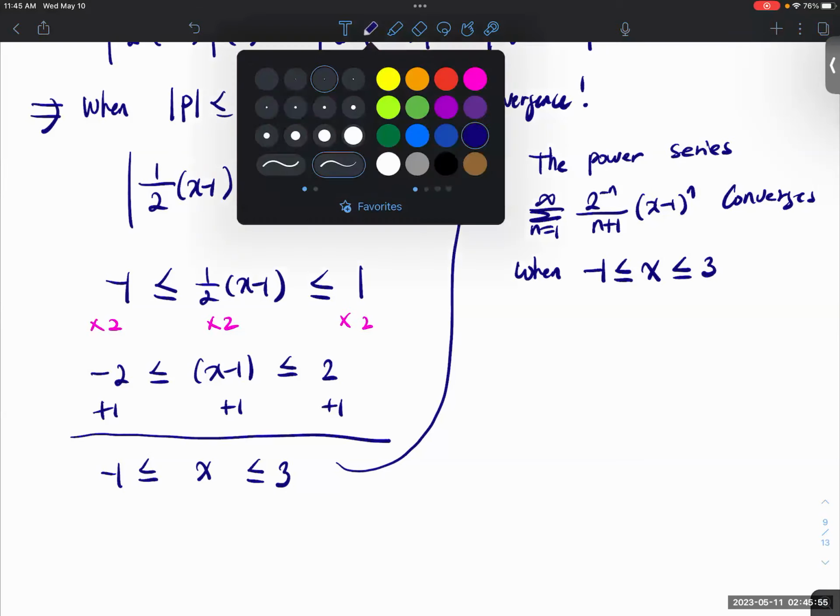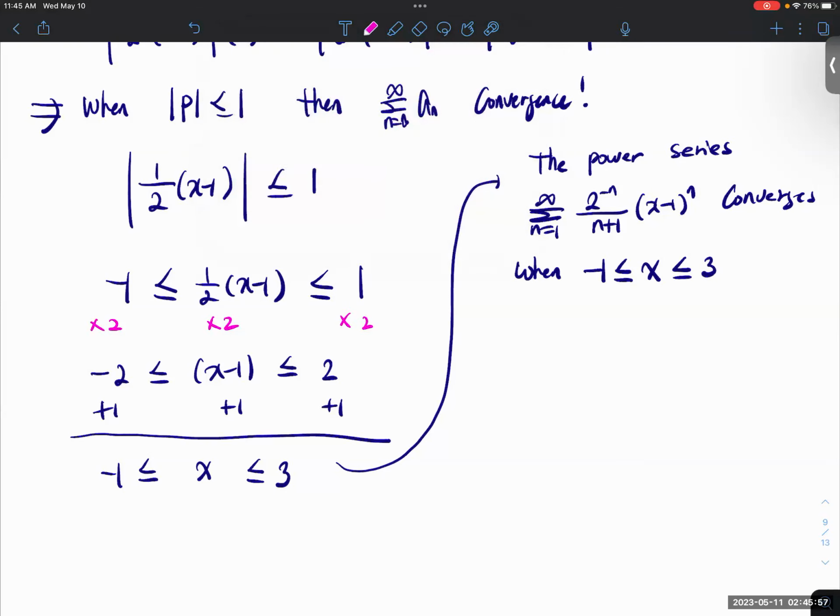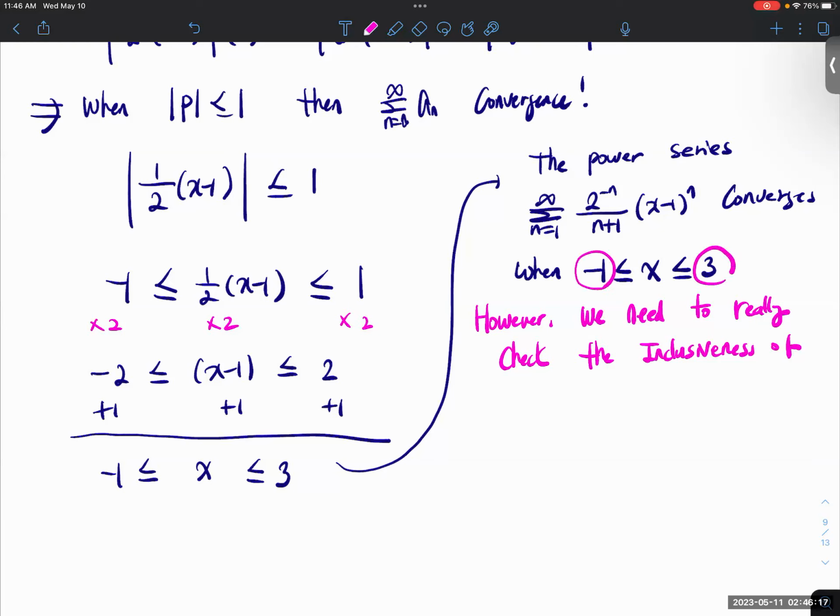But sometimes you need to check. However, we really need to check the inclusiveness of the endpoints, whether we really include negative 1 and 3.